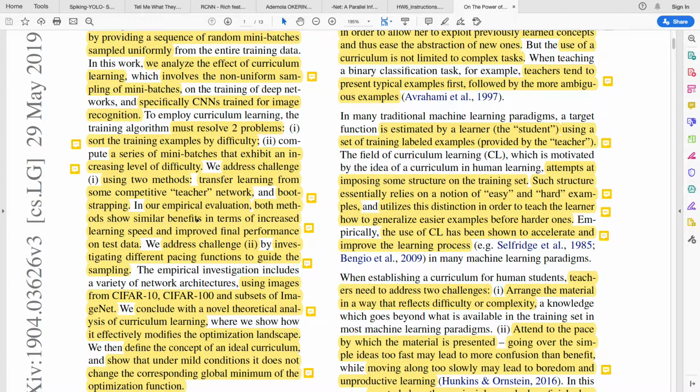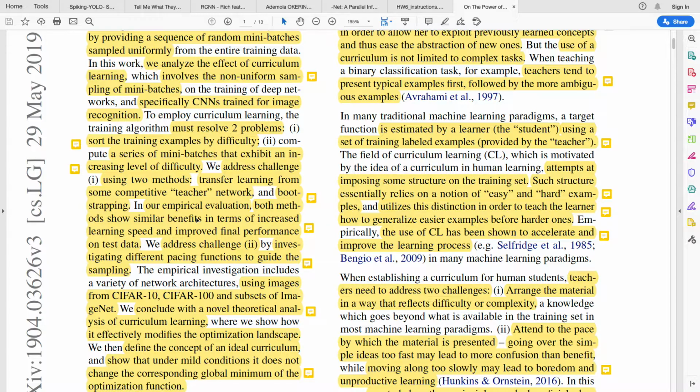If you have 1,000 training examples, you break them into batches of maybe 32, then 32, 32, and so on. So how do you arrange your training examples so that the first batch of 32 is the easy one, the next batch of 32 is the next most difficult, and the next batch of 32 is more difficult still?